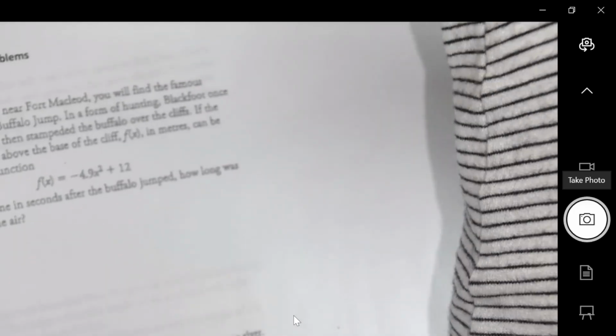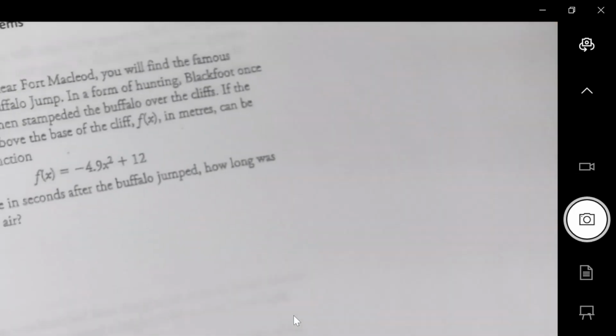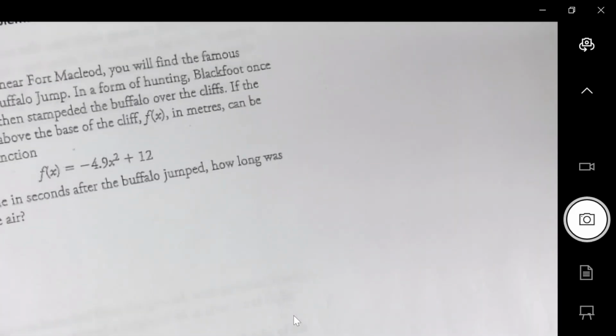Okay, word problems. So basically, I'm just going to read this question quickly.